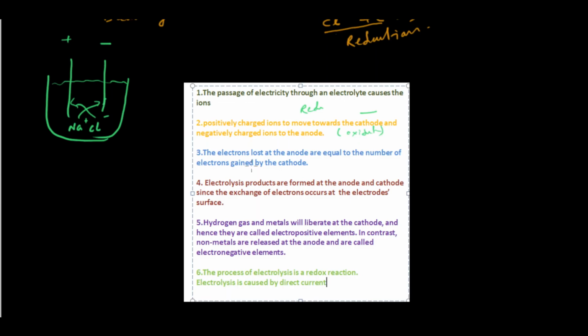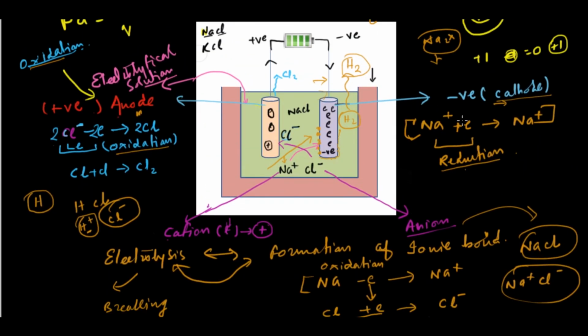Now the number of electrons lost at the anode equals the number of electrons gained. Means what? If the sodium is gaining one electron, like we have seen in the process of electrolysis, then chlorine will lose one electron. So loss of electrons equals gain of electrons. Now here we have not done the two, so do it over here.